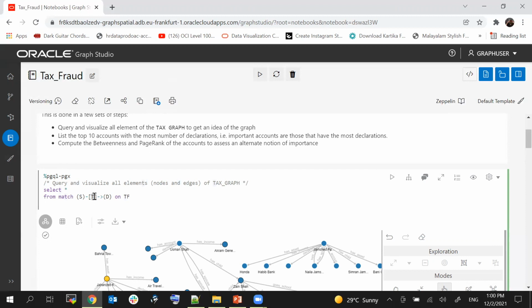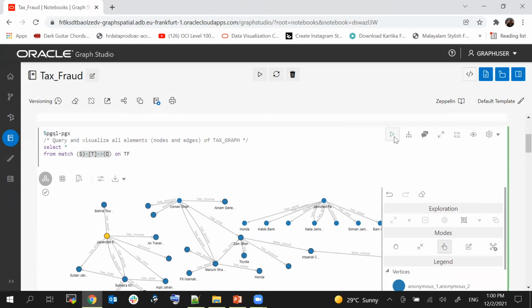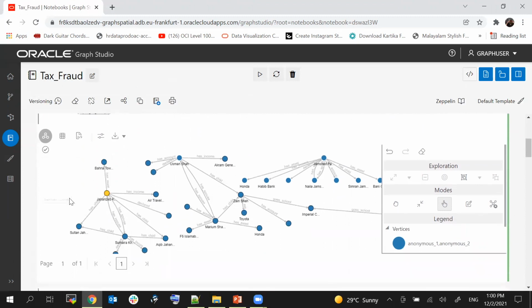This could be a relation, it could be named R, the S could be named A, or D could be named B, so that it will be like A to B using an R. So basically, we want to find out all the relations that is existing in this particular graph. And once we execute this paragraph with this query, it then generates the below graph for you.